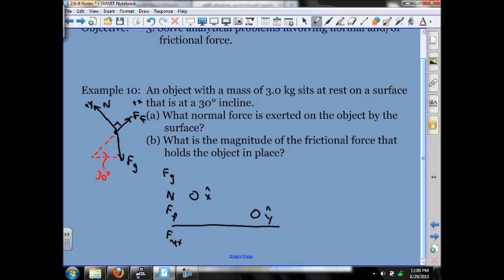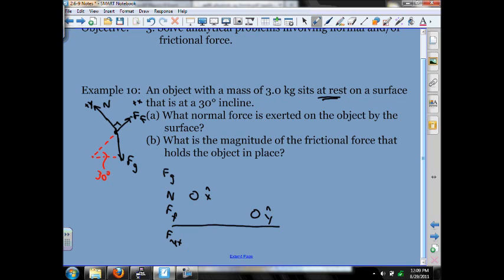Look at net force. Are either of those zero? Well, x, sorry. Yeah. If it's at rest, what's the net force acting on the object?